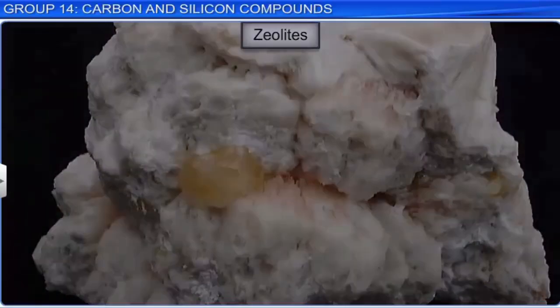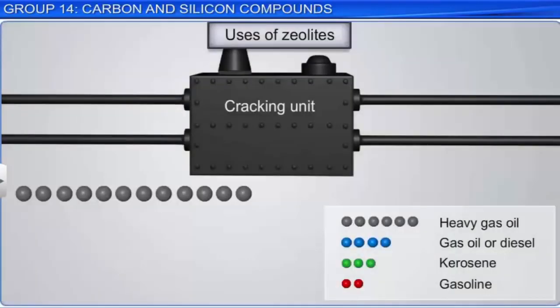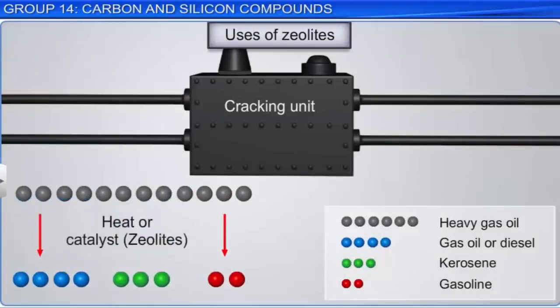Zeolites have a variety of uses. They are used as catalysts in the petrochemical industry, for example, in the cracking of hydrocarbons. They are also used in isomerization reactions.